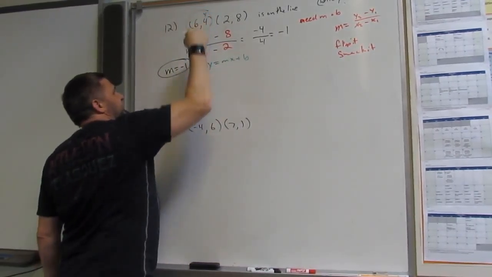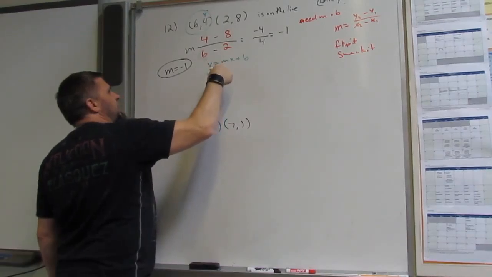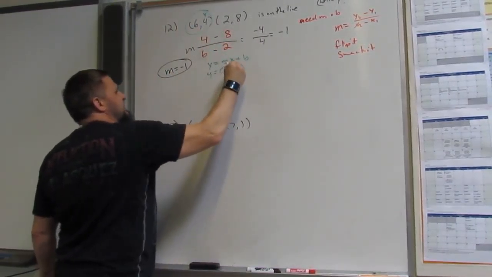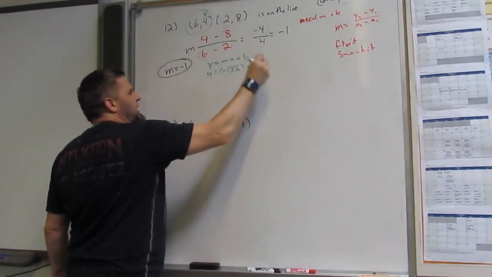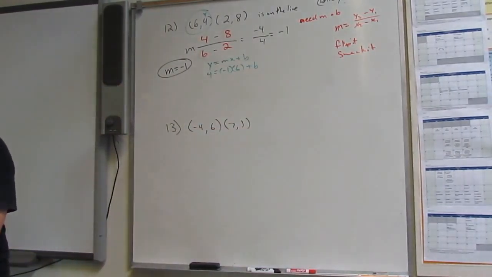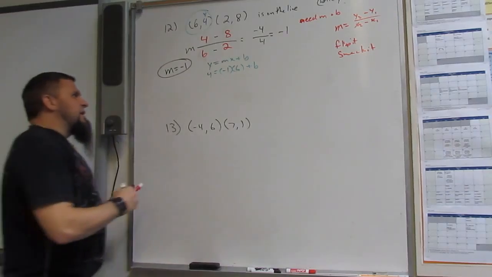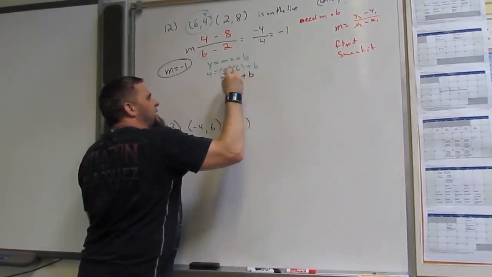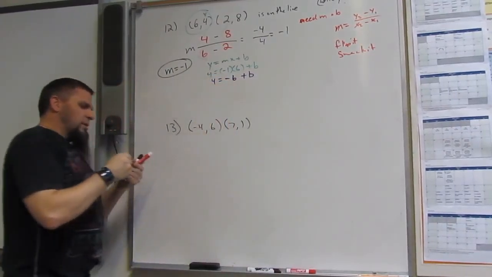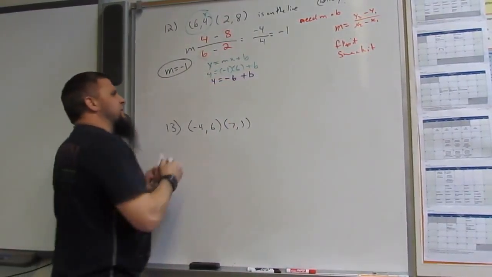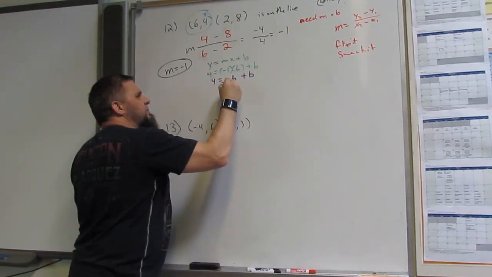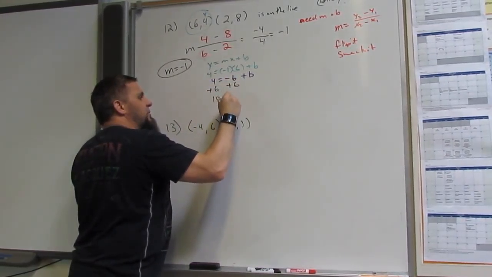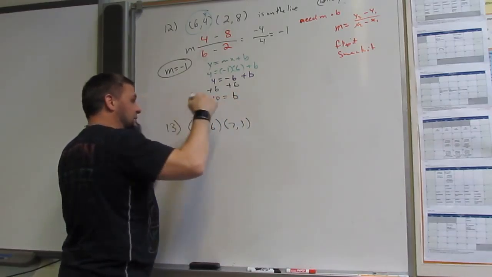So y is 4 equals m, which is negative 1, times x, which is 6, plus b. Negative 1 times 6 is negative 6 plus b equals 4. Then I'm going to add 6 to both sides. It's always the opposite. Plus 6, plus 6. 10 equals b.